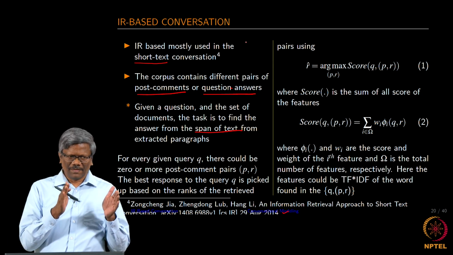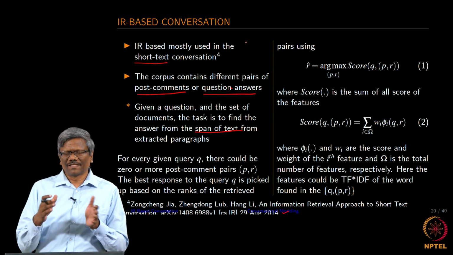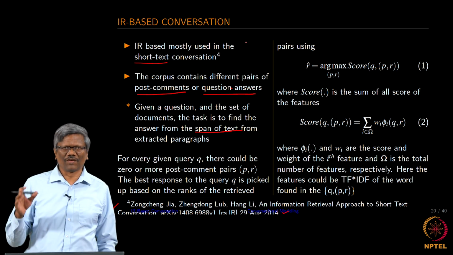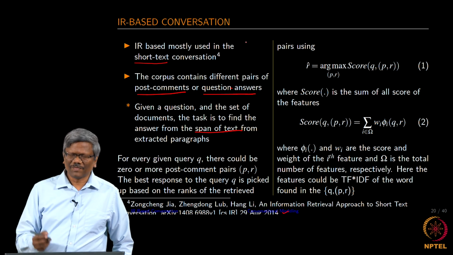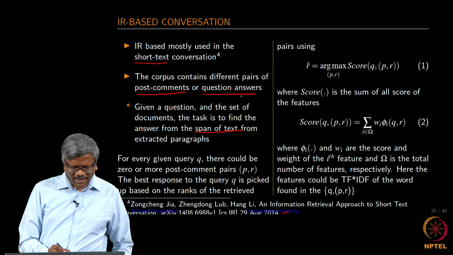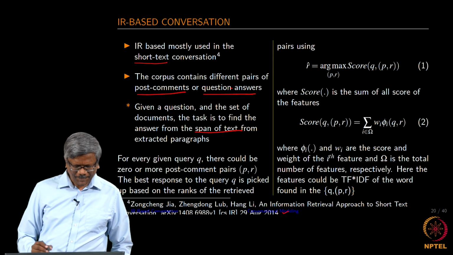So, you have the query with certain keywords, and then you start matching the query and the documents which are there in the corpus, and then based on a certain ranking mechanism you list those documents. So, in this fashion we are going to be listing certain post comments based on the query given.